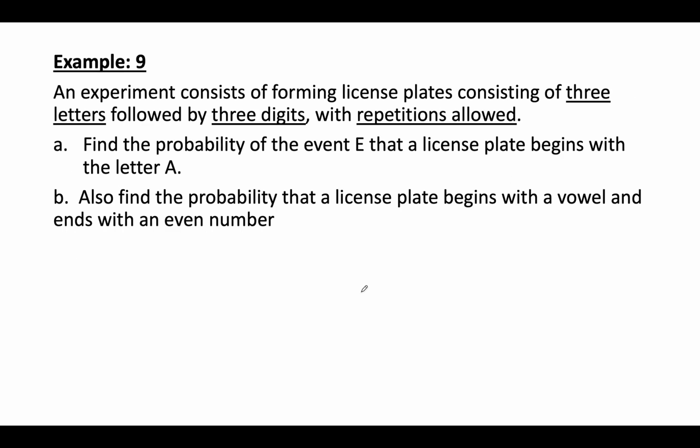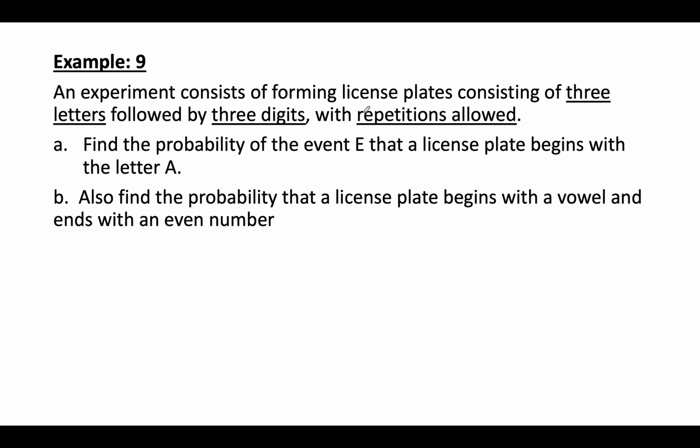Okay, here we go. We have an experiment that consists of forming license plates consisting of 3 letters followed by 3 digits, with repetition allowed. First, we need to find the probability of the event E that the license plate begins with the letter A, and then we need to find the other probability.